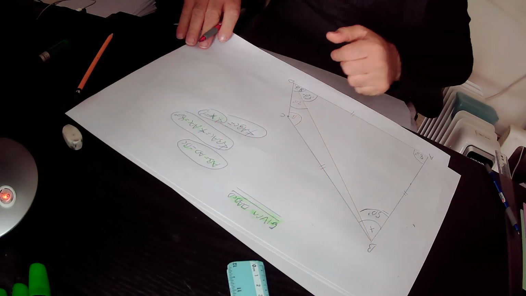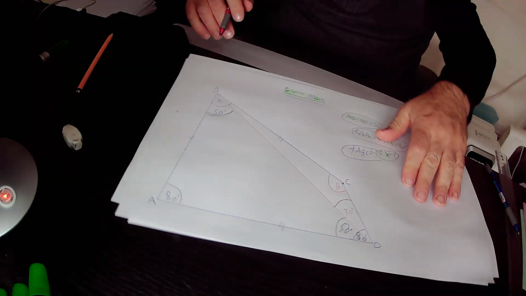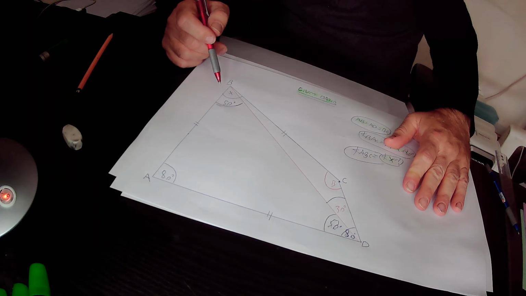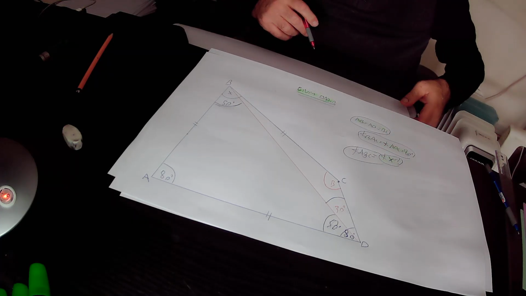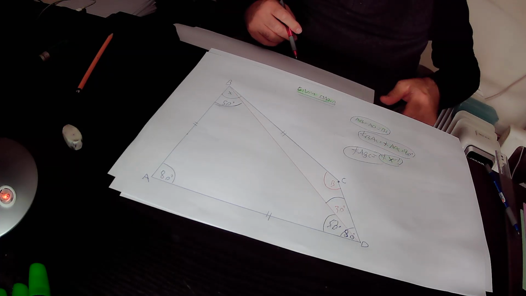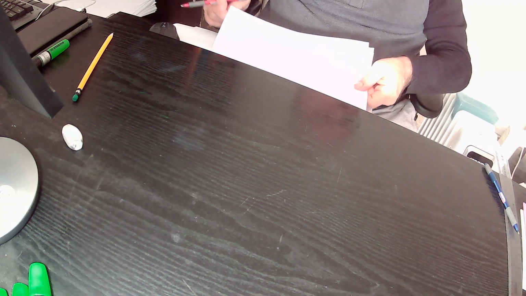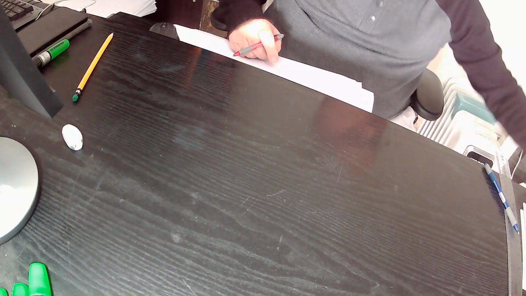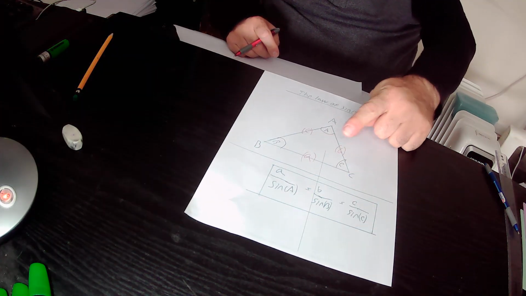And we will implement the law of sines in this triangle ABD. So a bit quickly on the law of sines. The law of sines is true in any triangle. This is triangle ABC that could be any triangle.